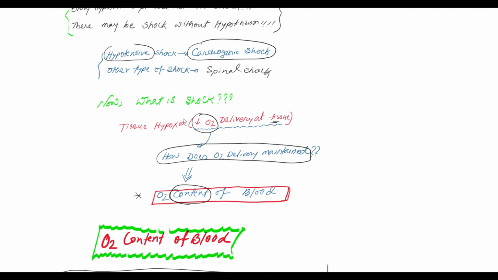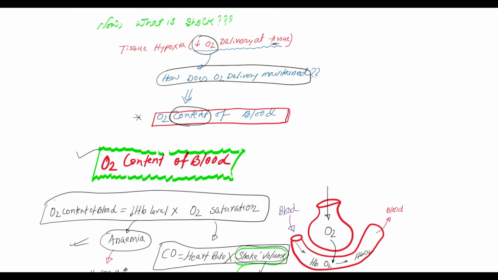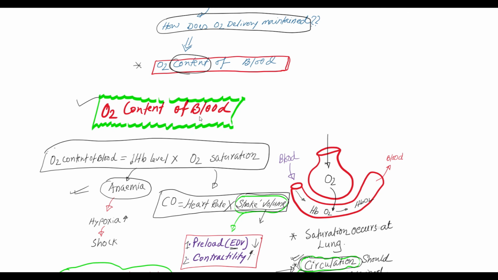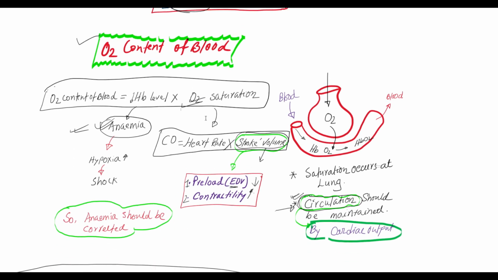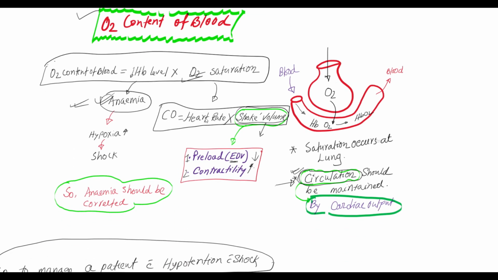The oxygen delivery is decreased due to decreased oxygen content, and decreased oxygen content is due to anemia and decreased oxygen saturation, and this oxygen saturation may be decreased due to decreased stroke volume, and decreased stroke volume is due to decreased preload or decreased contractility of the heart muscle.